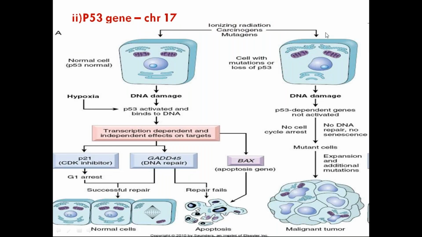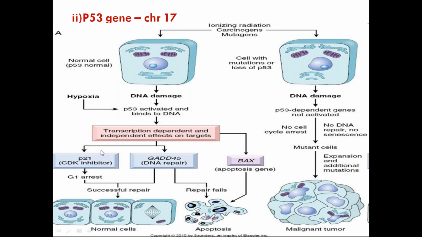So the P53 gene, the other tumor suppressor gene. This is also very important. It is present on chromosome number 17. This mechanism I've already explained. Normally when there is cell stress, when there is damage to the DNA, P53 binds to the DNA and causes cell cycle arrest by activation of P21.